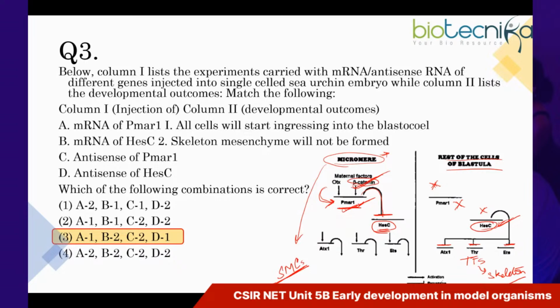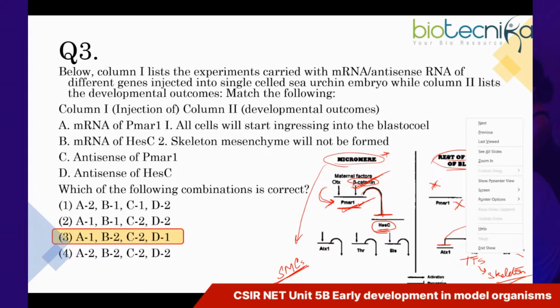If HESC is there, it inhibits the transcription factors that form skeleton, which means the rest of the cells of the blastula will not make skeleton, because HESC is blocking them.